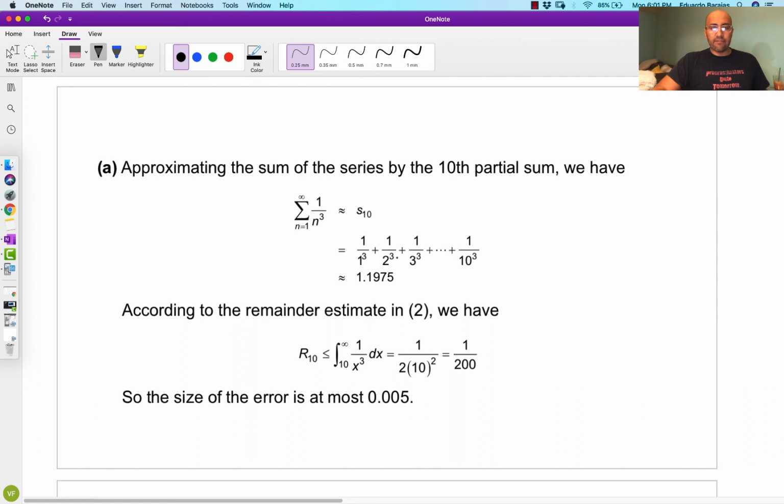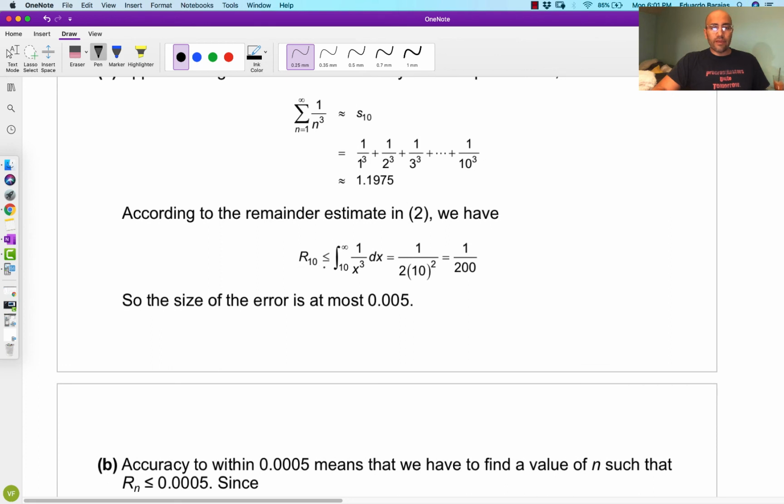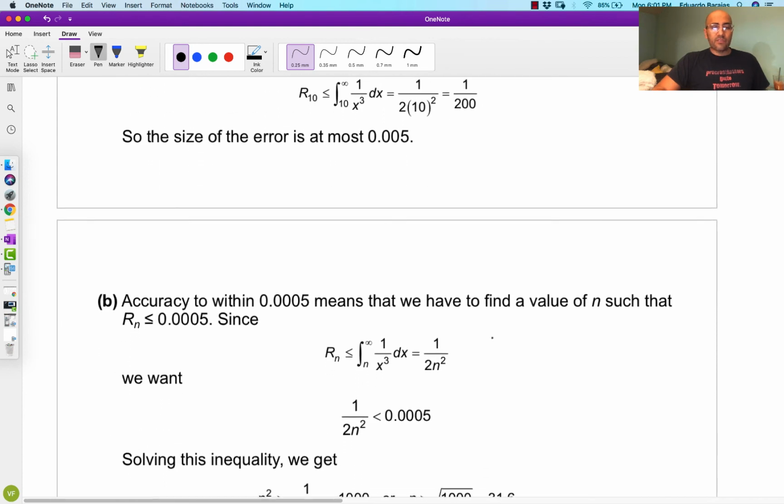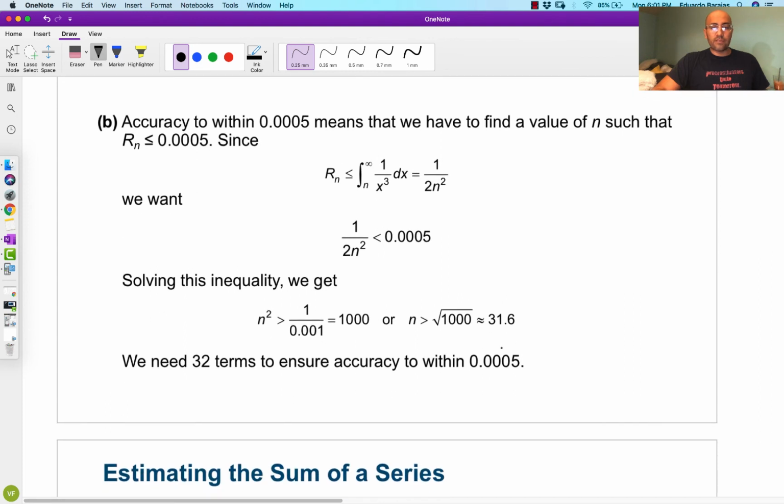Approximating the first 10 values, that's hopefully what we got, 0.1975. R sub n must be less than this, which we got 1 over 200 equals 0.05. Accuracy to within 0.0005 means that we have to find a value of n such that this is true, and it's strictly less than 0.005. Okay, good. So we end up with the same thing.